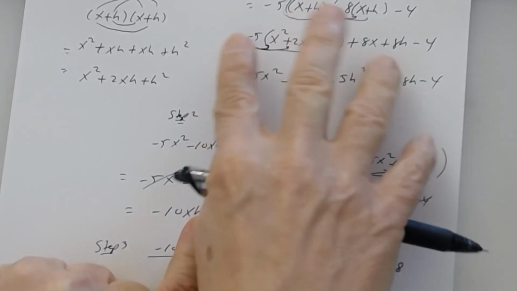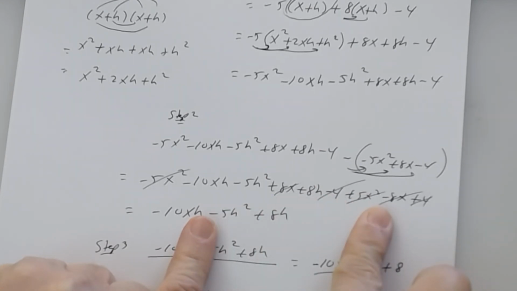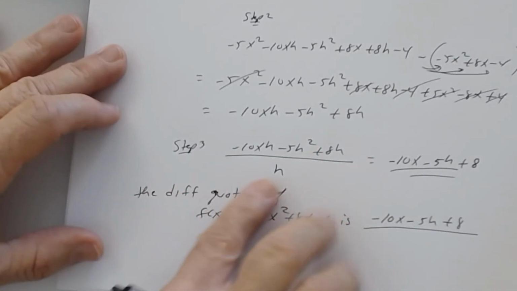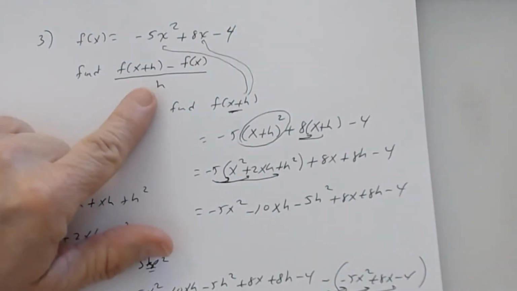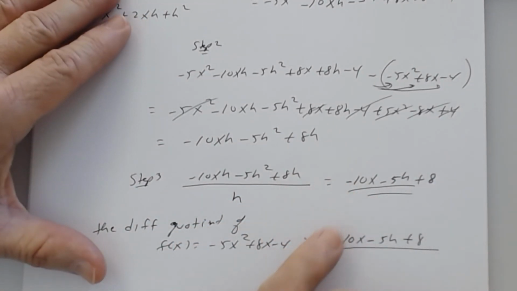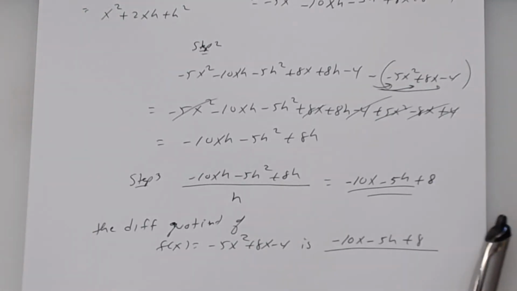So if something was misplaced around here, then probably something was not correct here. All right. Now at the end, though, don't forget that step 3. In the difference quotient, you have to divide by h. So don't forget to divide this by h, and then reduce. Okay. All right. So that was the difference quotient.